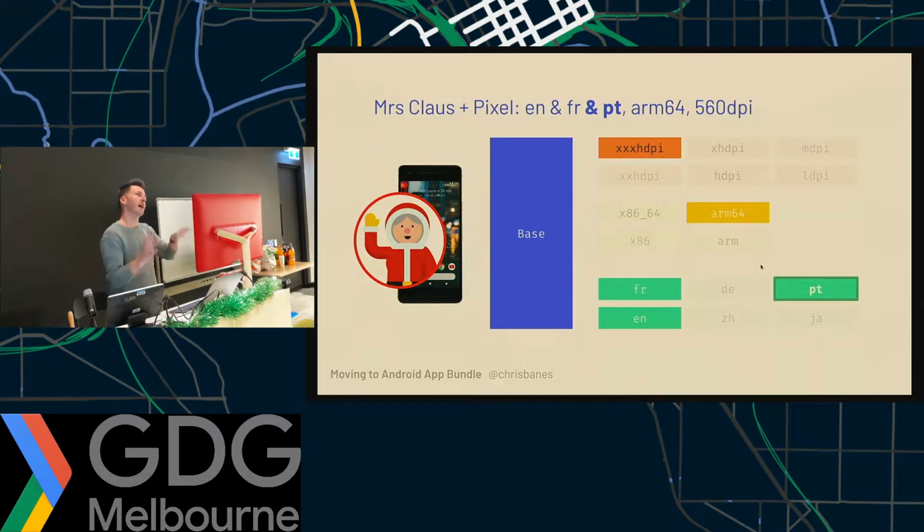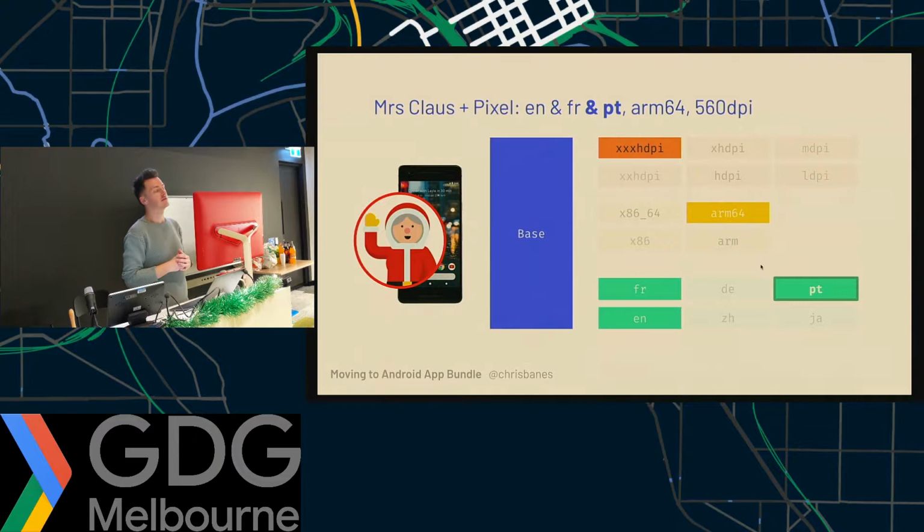So this time, slightly different: different resource density, and we also download the French and the English APK. Now, if after the app is installed she dynamically changes her languages and adds Portuguese, for whatever reason, the Play Store will automatically download the new Portuguese APK and then reload the app. So it's dynamic, it happens automatically through the Play Store, which is quite cool.